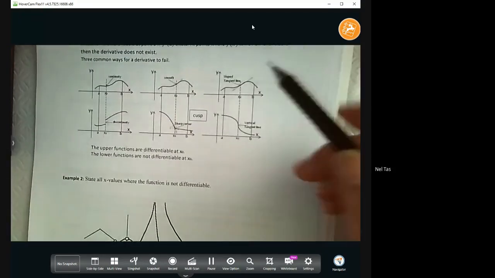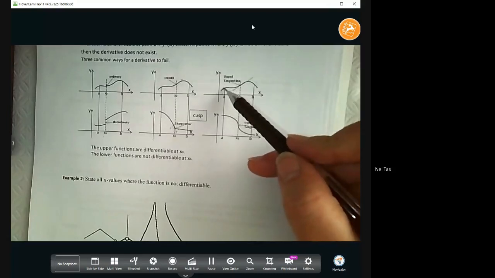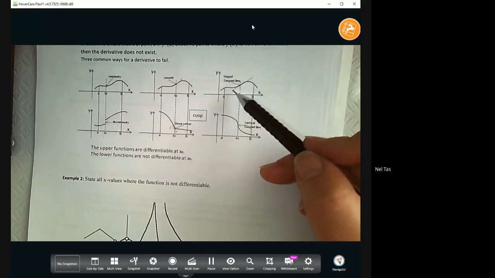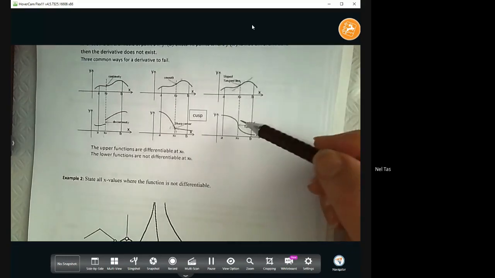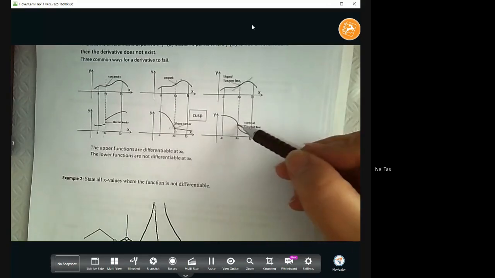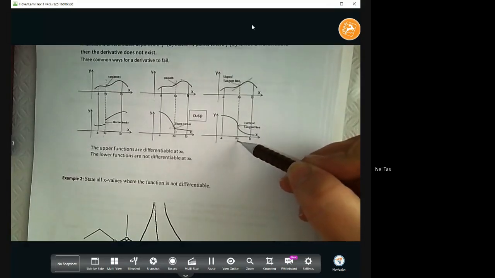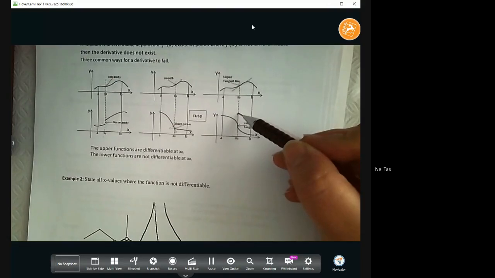As you see, we have this upper function, where the tangent is drawn and has a certain slope. When you look at the lower function, if you draw a tangent at x0, that is a vertical line.